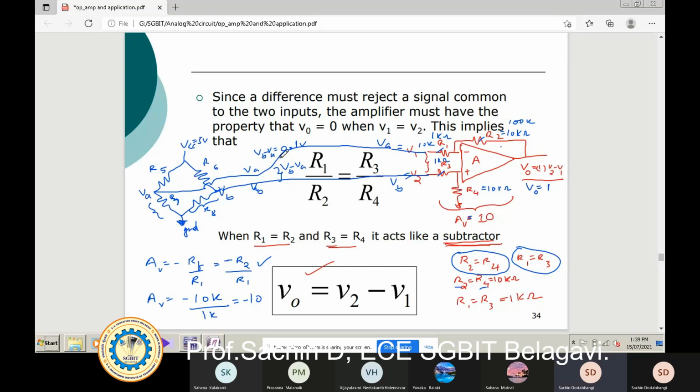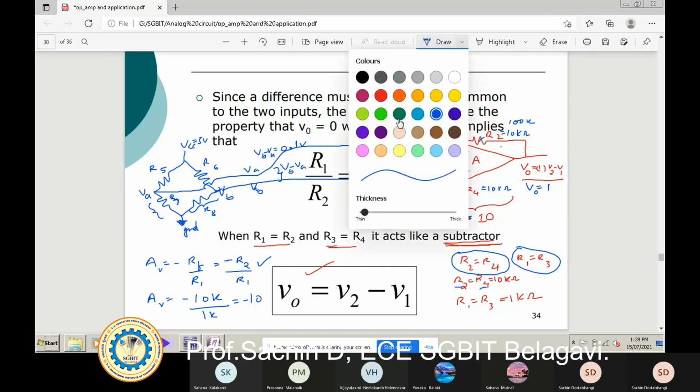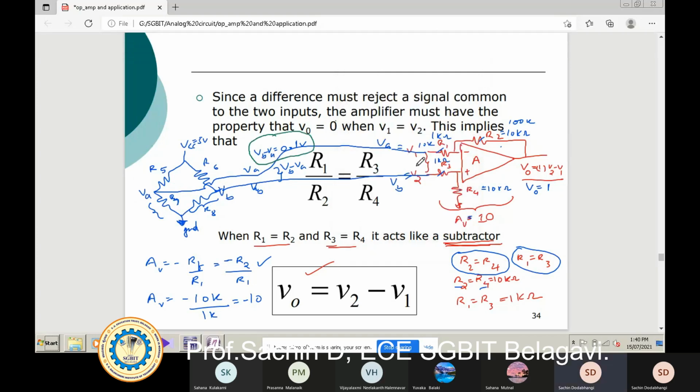So what should be the gain of the amplifier now? My question: VB minus VA is nothing but V2 minus V1, which equals 0.1 volt.